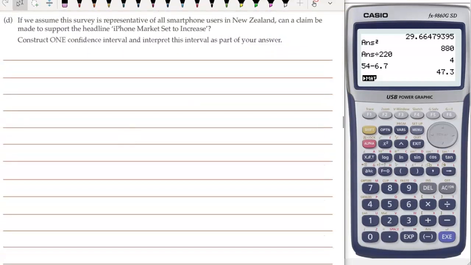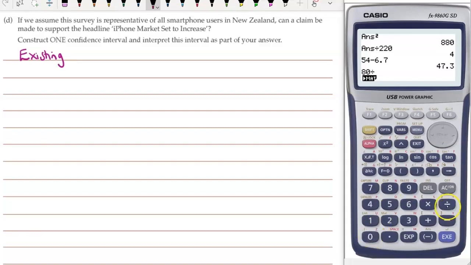Okay, if we assume this survey is representative of all smartphone users in New Zealand, can a claim be made to support the headline that the iPhone market is set to increase? And we need to show one confidence interval as part of our answer. So let's start with the existing market share from the people that were in the survey. So 80 of them had iPhones out of 220.